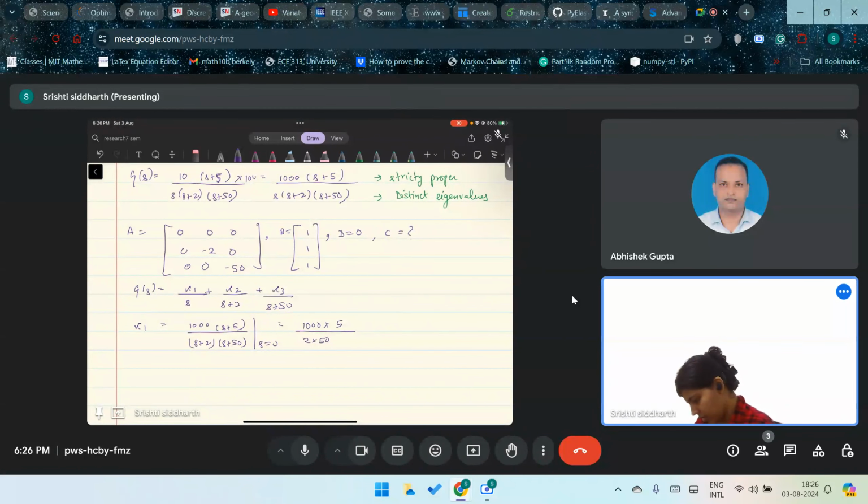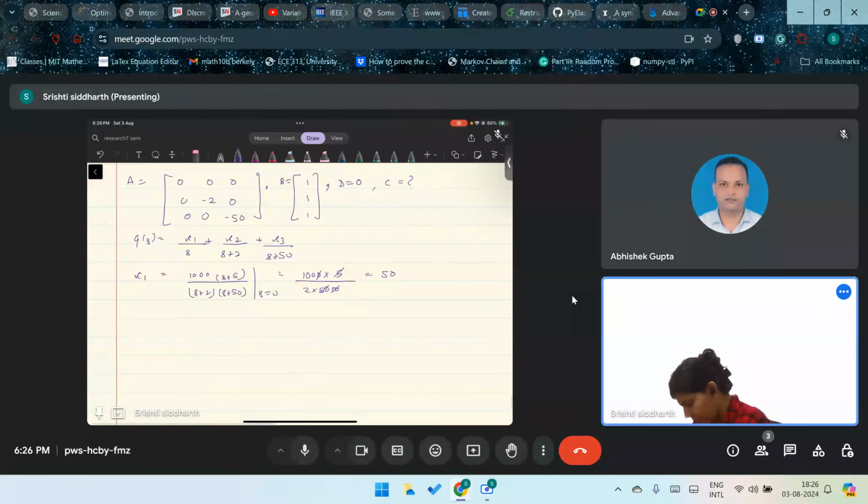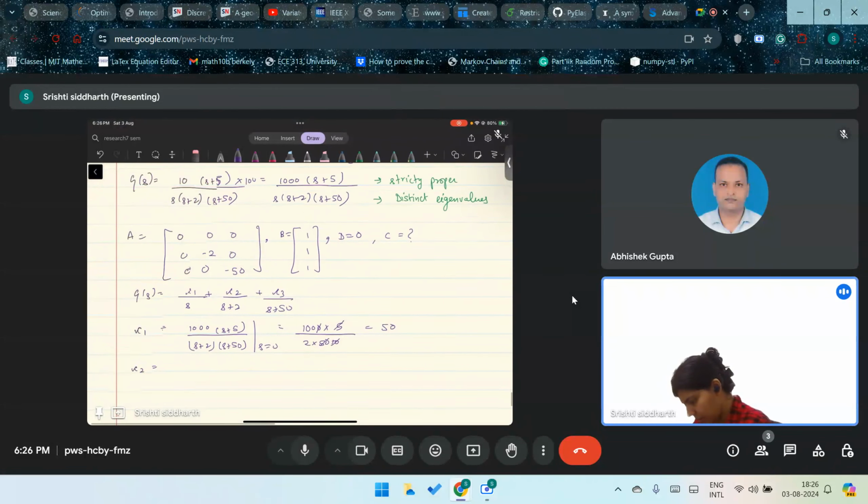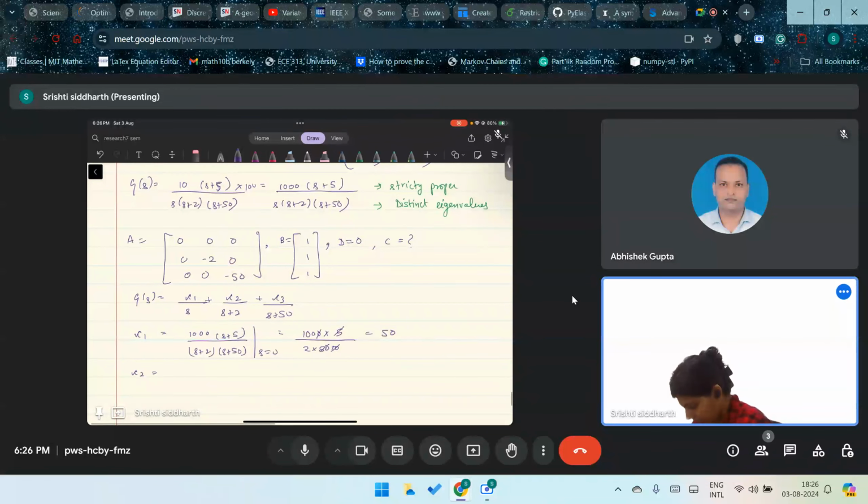So this is just 50. C2 is going to be the transfer function with the S plus 2 term removed, over S plus 50, evaluated at -2.